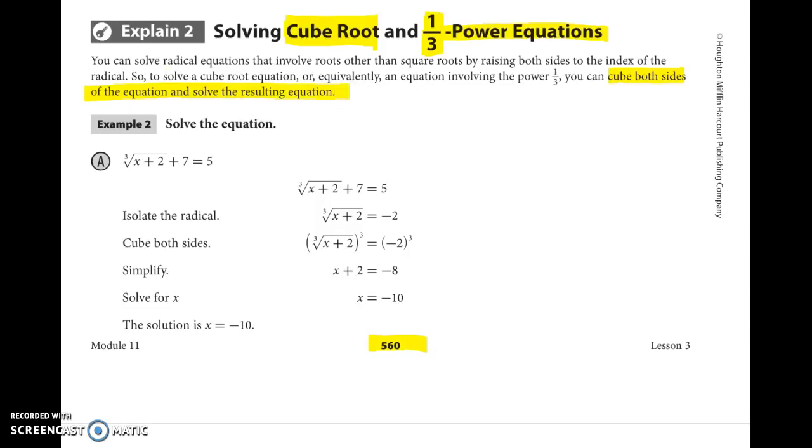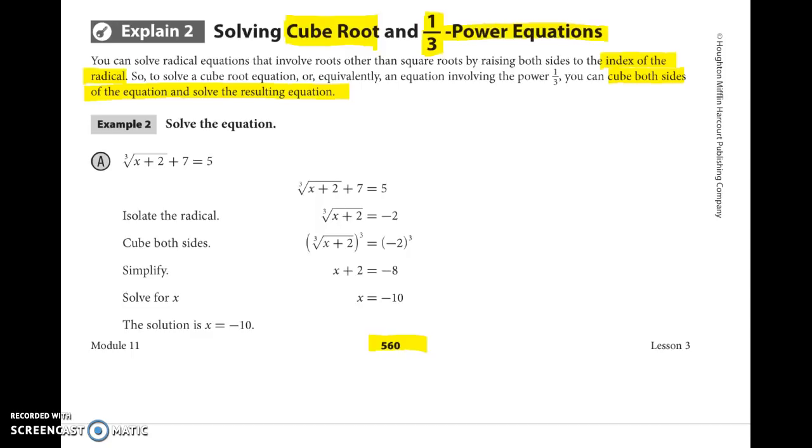So the index of the radical is the number that's here. So if that was a 4, I would raise both sides to the 4th power. If that was a 5, I would raise both sides to the 5th power. And so since we're talking about the cube root, or an index of 3, we're going to raise both sides to the 3rd power to solve.